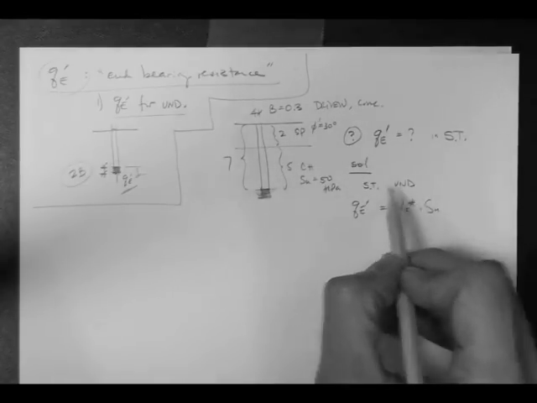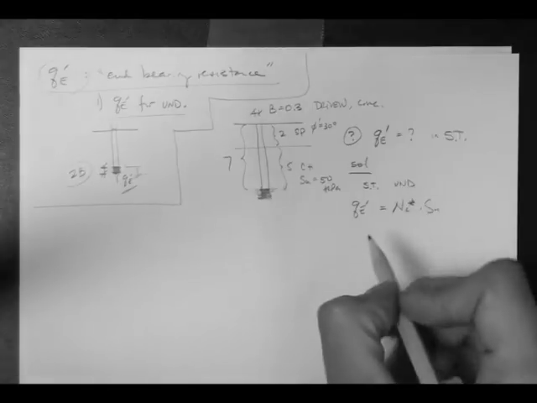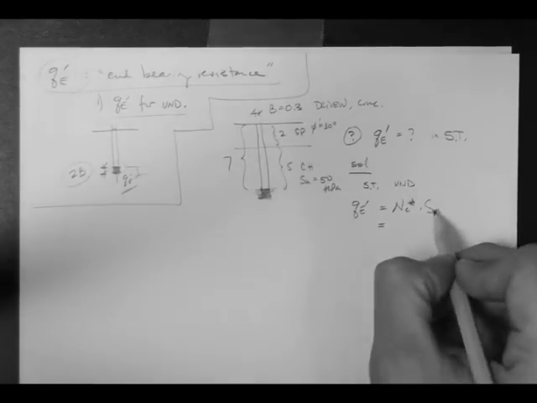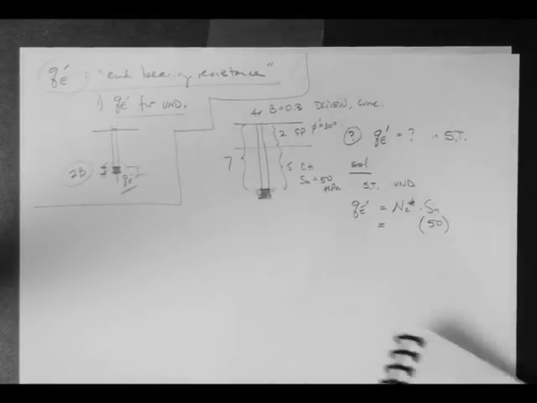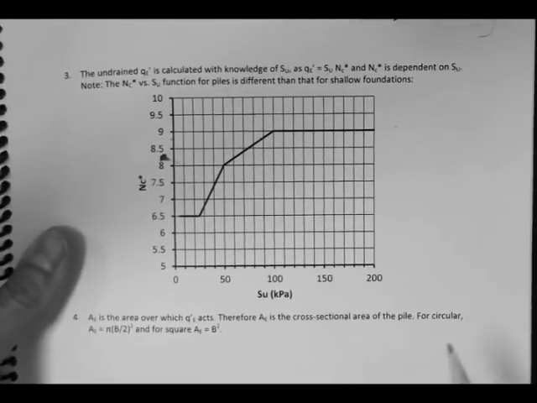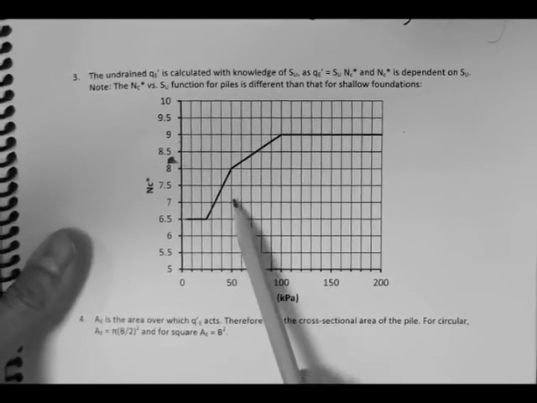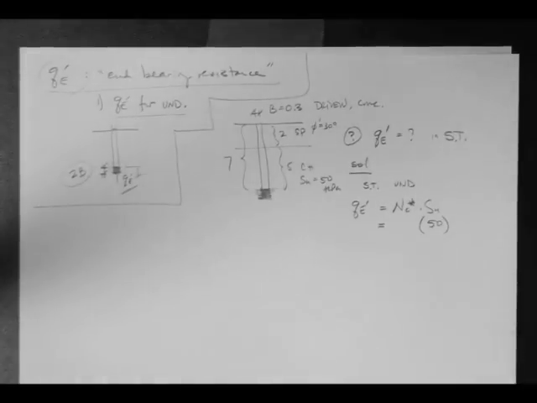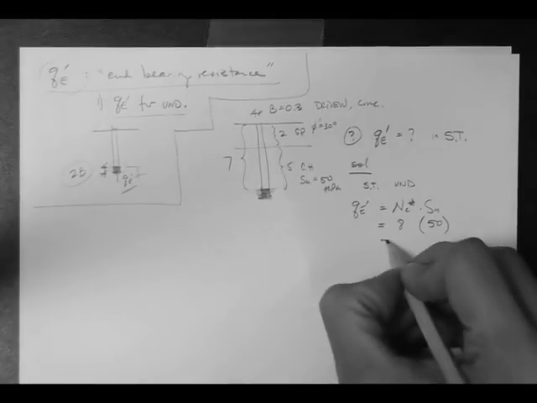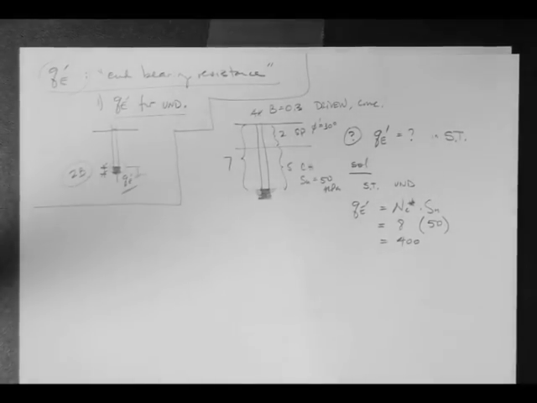Okay, in the short term it's undrained because this is a clay, right? And therefore we get NC star times SU. SU is 50. And what's NC star? Well, if we go to the reader, for SU of 50, NC star is 8. So this is 8 times 50, which is 400 kPa. That's the answer.